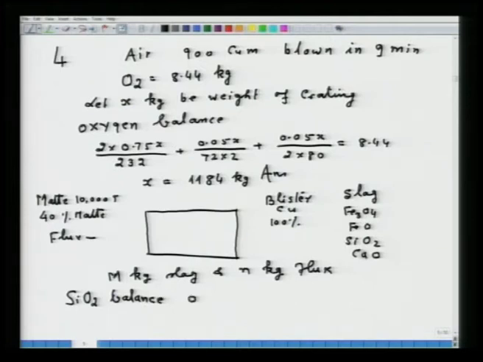If you do the SiO2 balance, it comes 0.16 m equal to 0.52 n. Then we have to do the iron balance. Here I am seeing oxygen, I wrote 8.44 kg, in fact it is 8.44 kg moles. So, now let us do the iron balance.